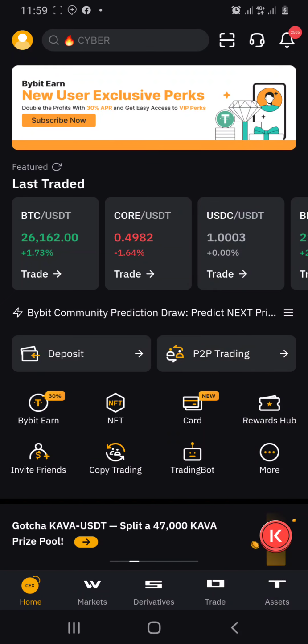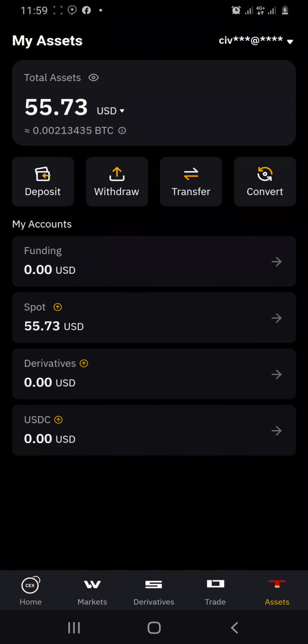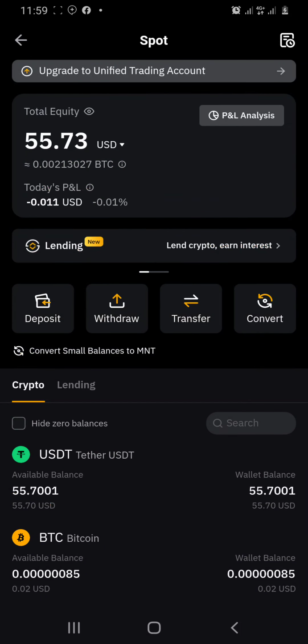So let's check out our token, our USDT. Click on asset. Our USDT is on spot, that's with $5 there. The first thing is to move our USDT from spot to derivatives, also known as futures. So you click on transfer.